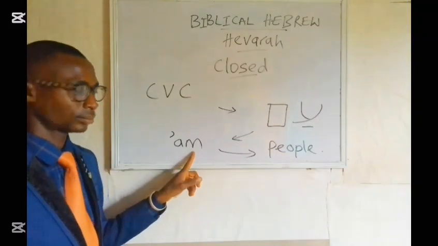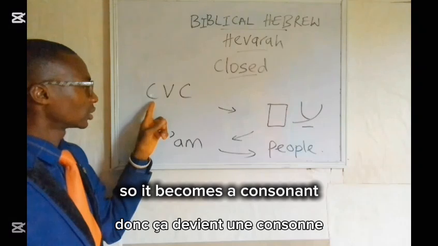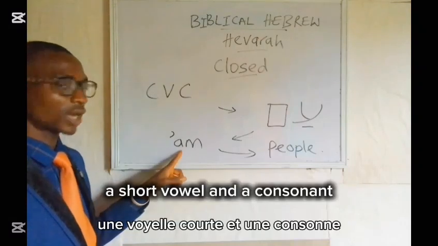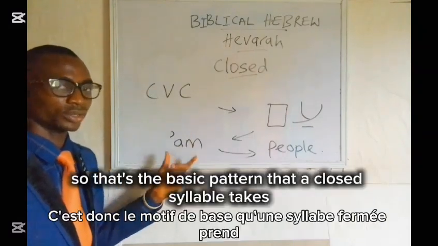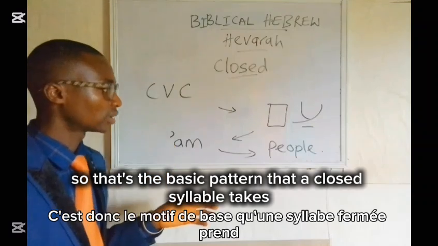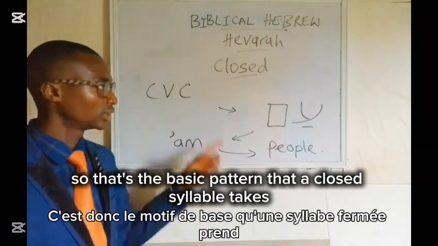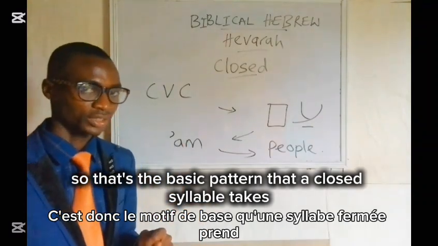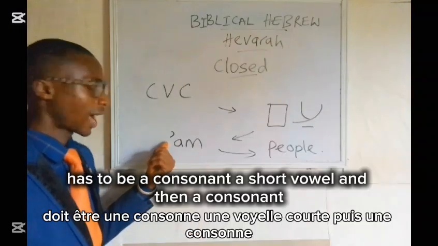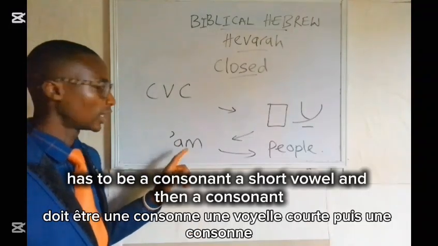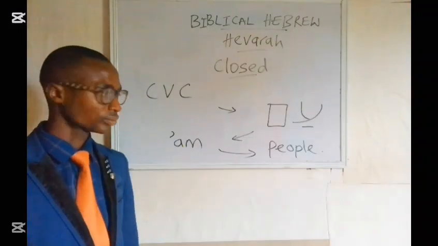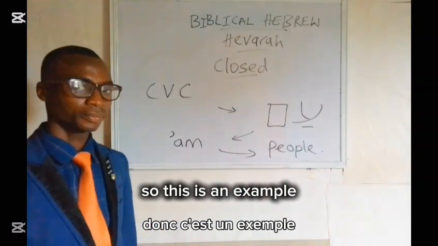That's mem. So it becomes a consonant, a short vowel, and a consonant. So that's the basic pattern that a closed syllable takes. It has to be a consonant, a short vowel, and then a consonant. So this is an example.